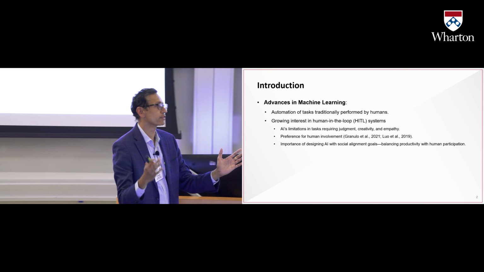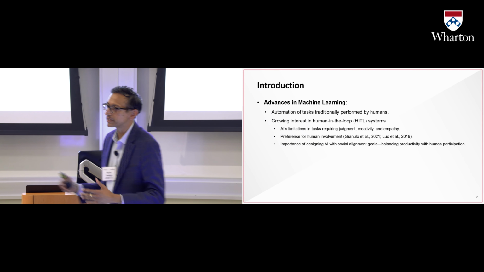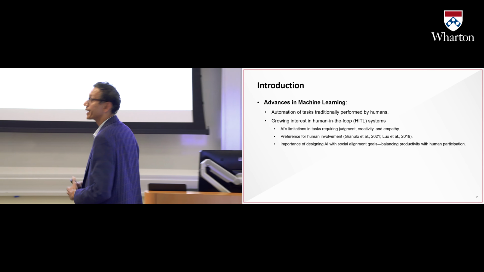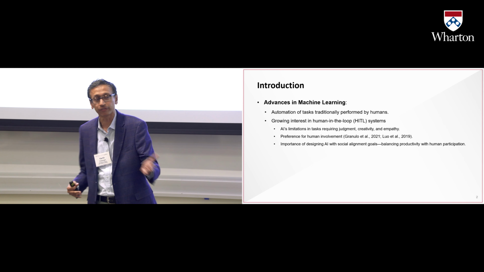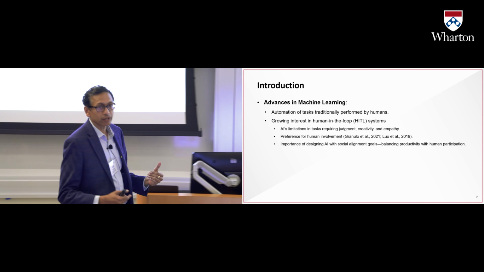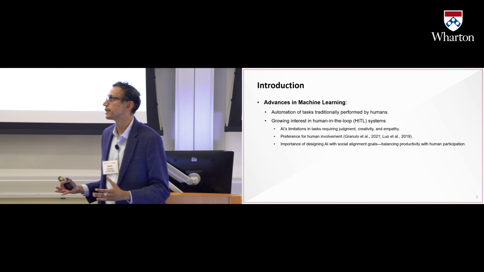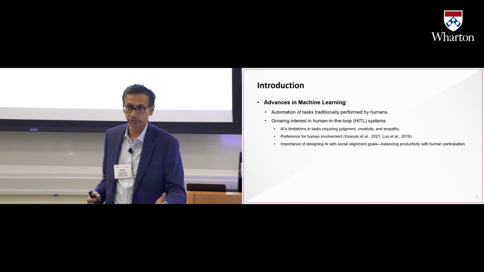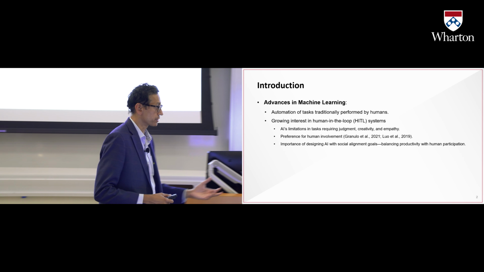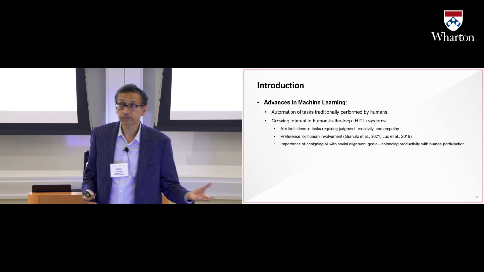So, recent advances in machine learning have obviously helped automate a range of tasks that were traditionally performed by humans. Despite that, we're seeing that there's a lot of interest in designing human-in-the-loop systems or human AI collaboration. There's many reasons for this.